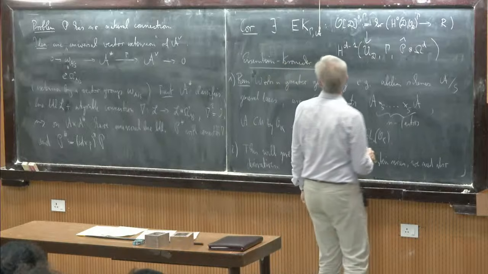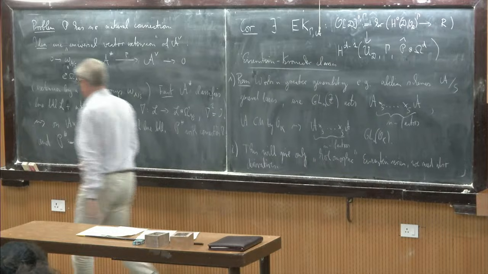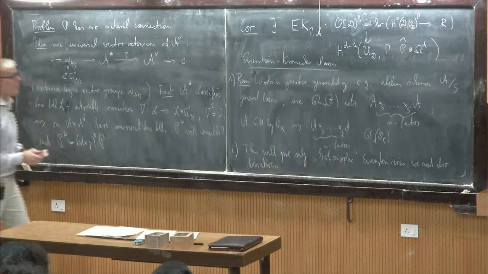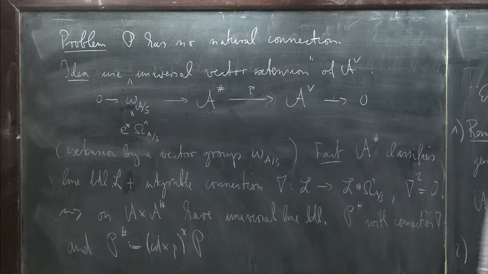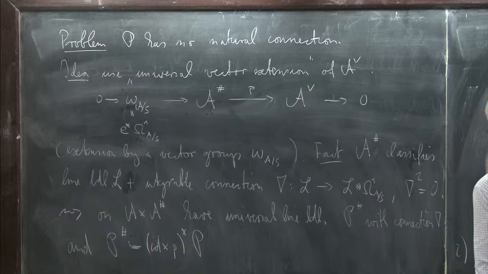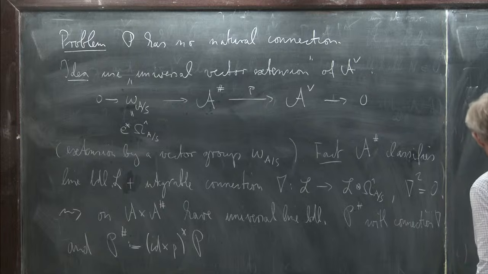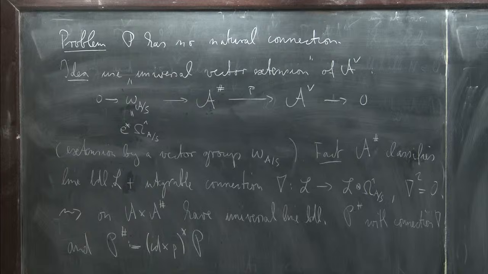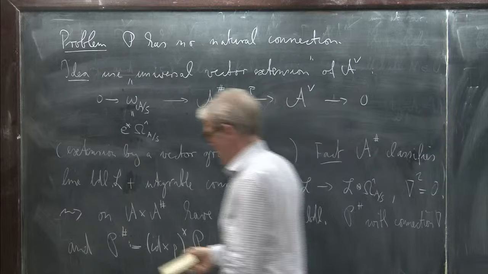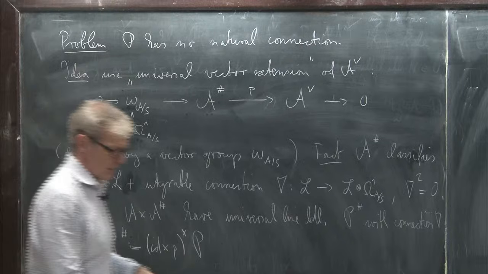So now we have a connection, and we want to use this to derive our classes. And this we can do because we have coherent cohomology classes, and we will do so.